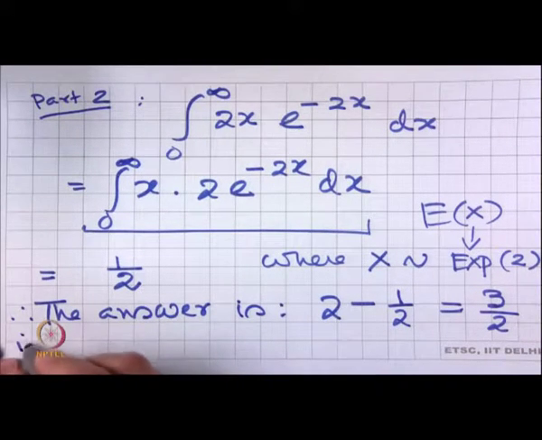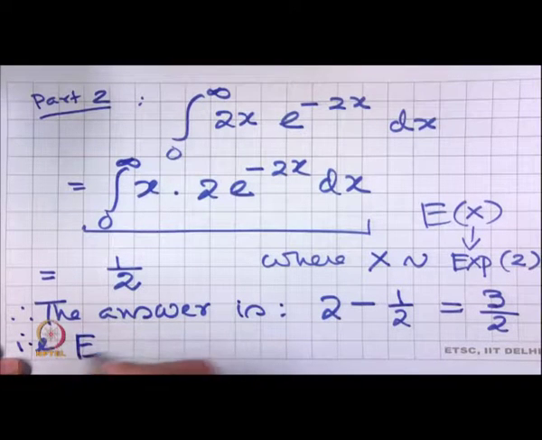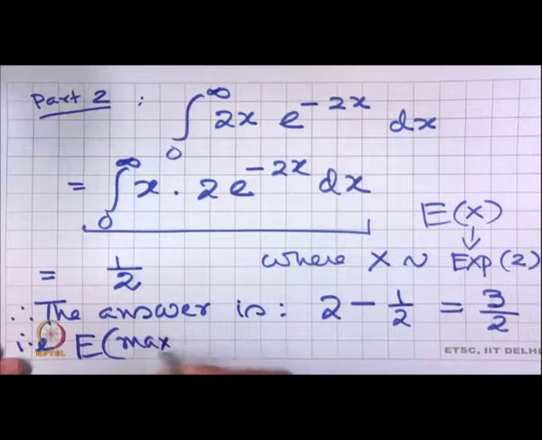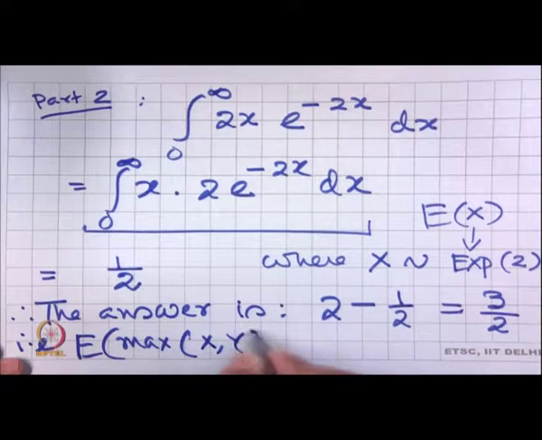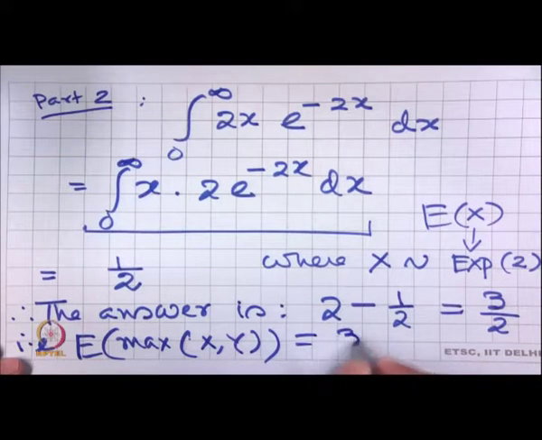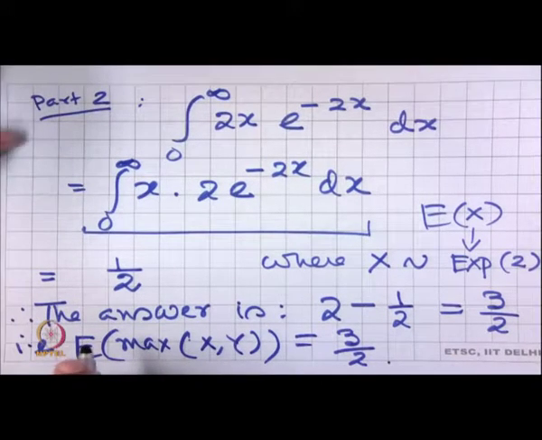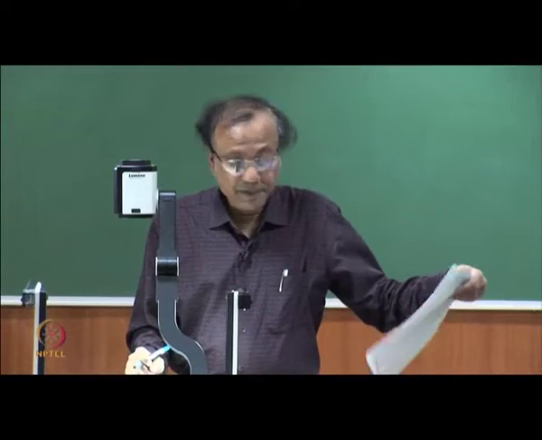That is, expected value of max of x comma y is equal to 3 by 2. That is the answer.